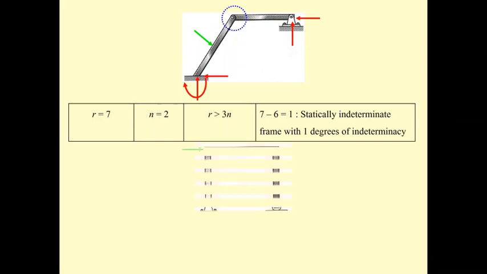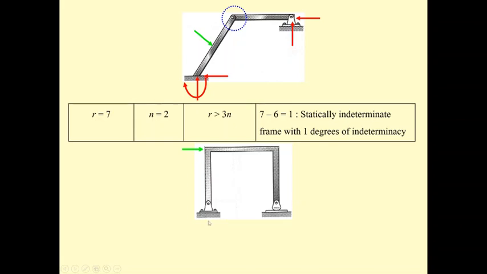Okay. Next, we come to another frame, which has 3 members. The column has a rigid connection with the beam. The beam has a rigid connection with the column. And then the support here is a pin, 2 unknowns, and a roller, 1 unknown.